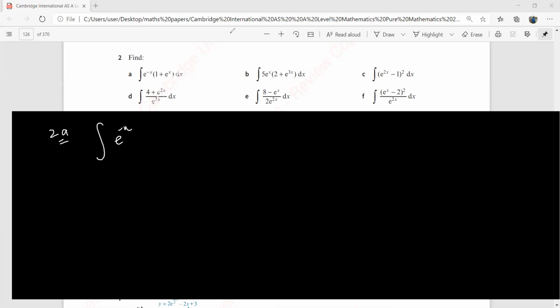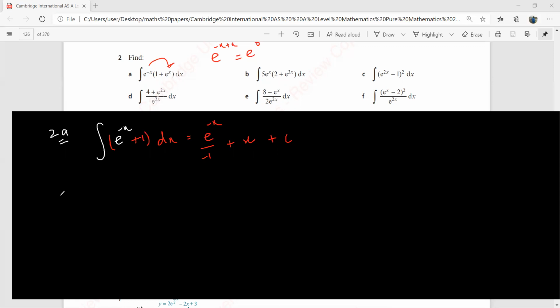And this into this will give you e raised to power, when you multiply them, the powers are added. So this is e raised to power 0, which is going to be 1. So I'll write it here as 1. And then I integrate it. This is going to be e raised to minus x over minus 1. And the integral of 1 is x. And then you have plus c.